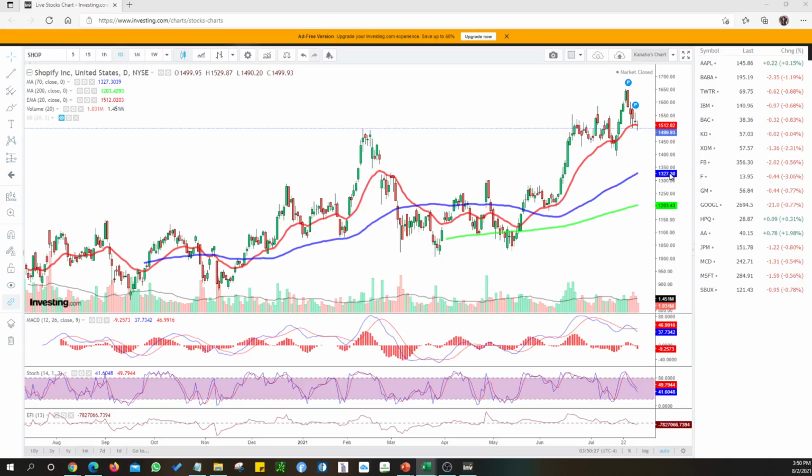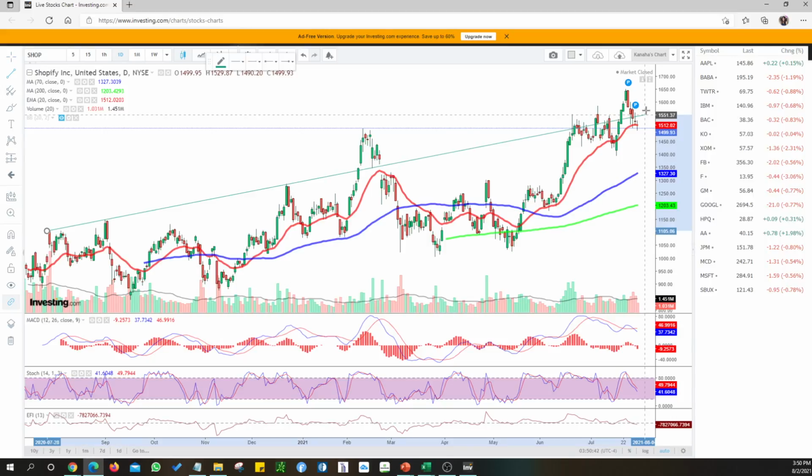However, we can draw what they call a resistance line, let's say maybe somewhere here, that touches most of the highs.